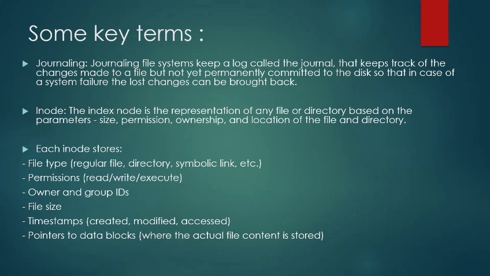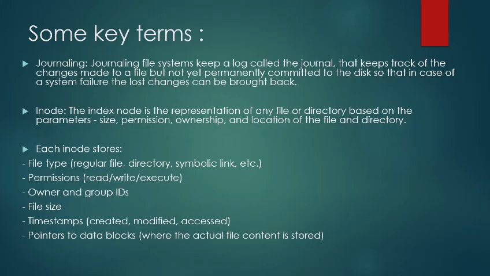Next is the inode index. The inode index is the representation of any file or directory based on parameters such as size, permission, ownership, and location of the file or directory. What does this mean? You are creating a file, right? Let's name it file one. Now we have created the file.